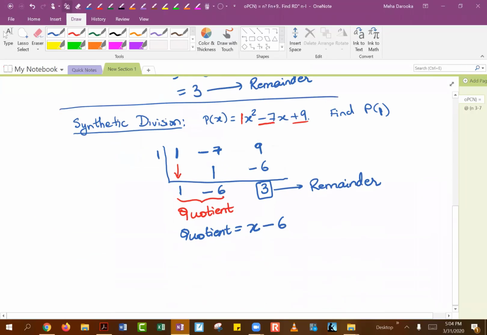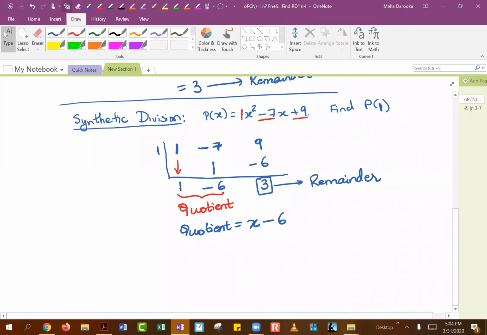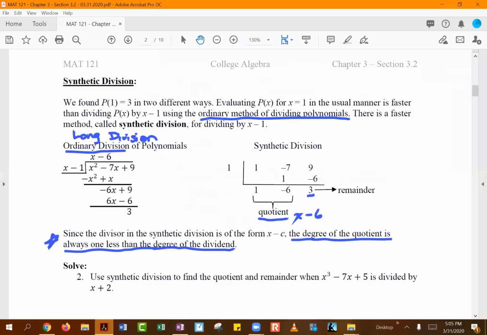So you can see the synthetic division gives you the same results as the long division, but look at how many fewer calculations we had to worry about in synthetic division than with long division. That's why we say synthetic division goes faster than long division.